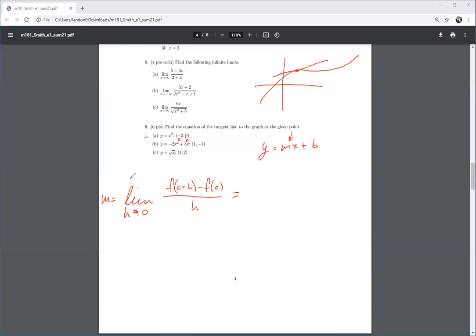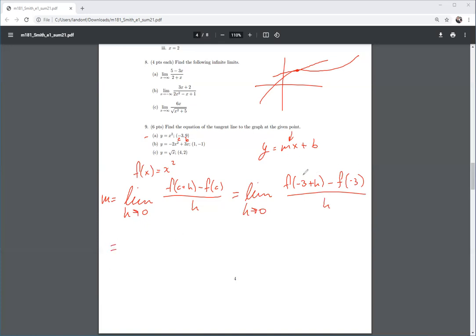We're a little short on time, so I'm going to try to get through this as much as I can. So limit as h is approaching 0 of f of, and f here is going to be x squared, minus 3 plus h minus f of minus 3 all over h.